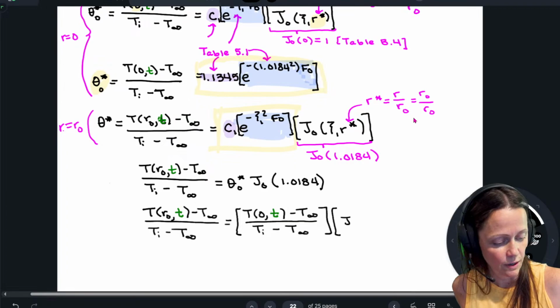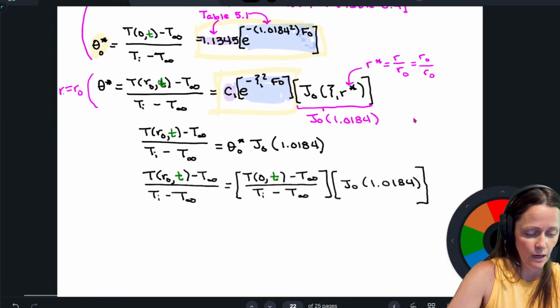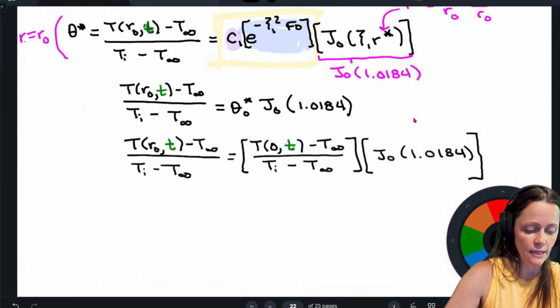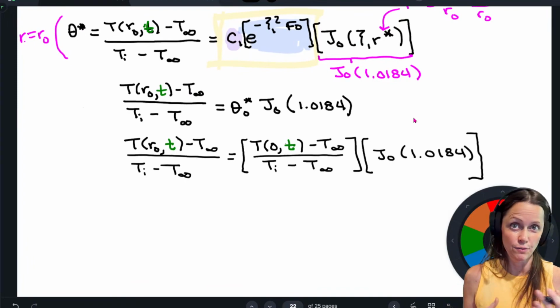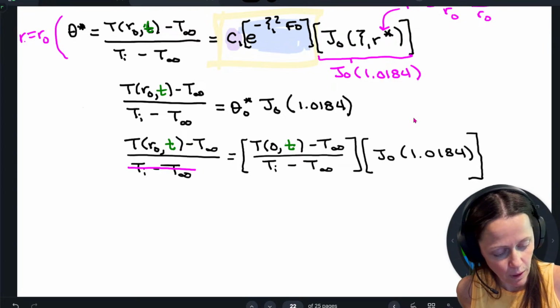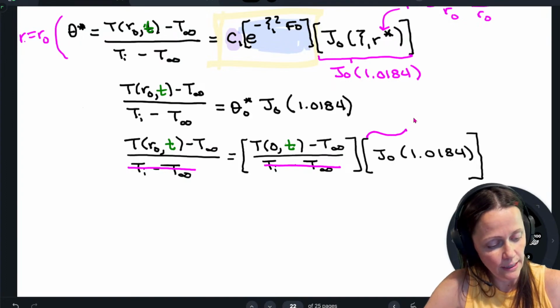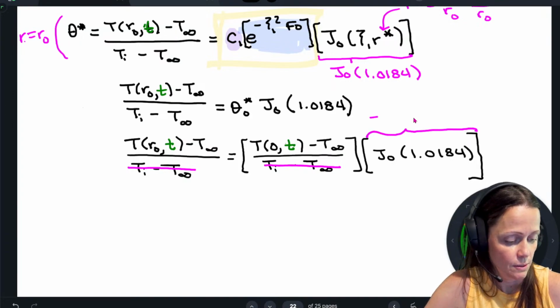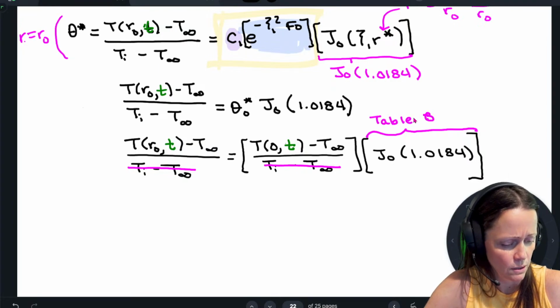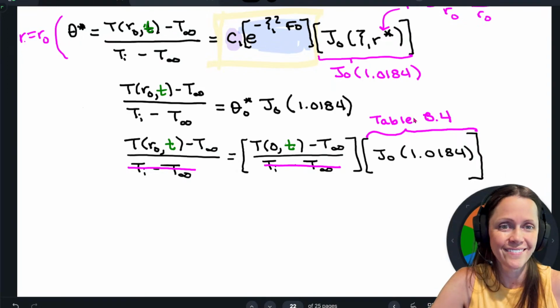And then we've got our Bessel function where we're inputting 1.0184. All right. And so what we can see is that it doesn't matter that I never knew the T initial from the get-go, because it's going to cancel out on both sides. I can look up this guy. So I'm going to look him up in table B4. So let's see what he is.